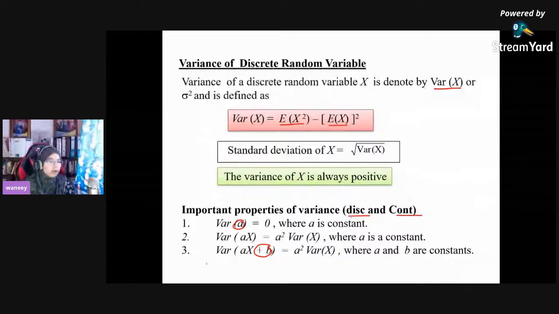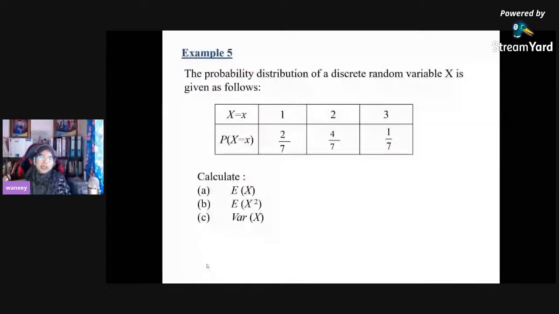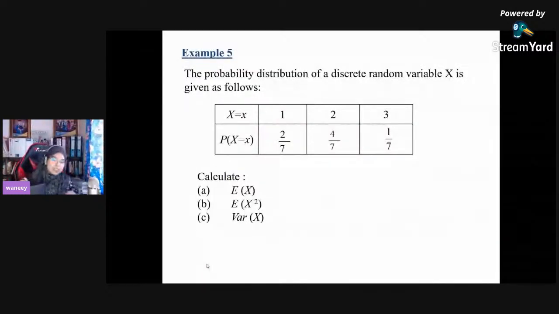Okay, so let us go to the next example. Example: the probability distribution of a discrete random variable is given as follows. Calculate expectation of x, calculate expectation of x square, and then calculate variance of x.